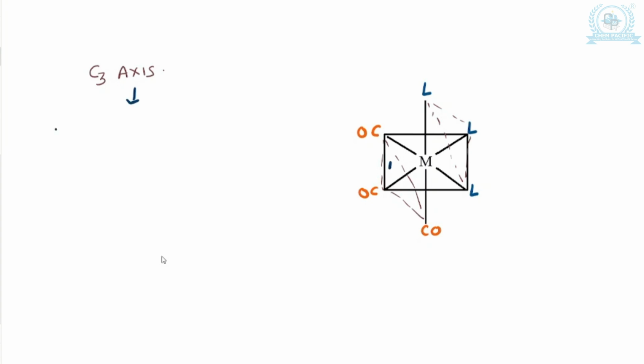If you consider this to be triangle 1 and this to be triangle 2, so it is passing through the center of the triangle 1 and the center of the triangle 2.